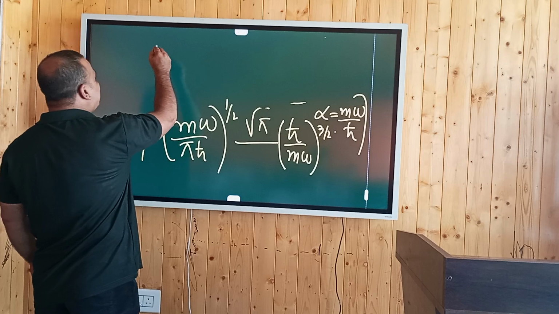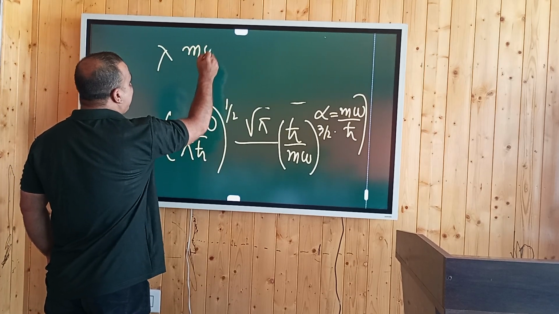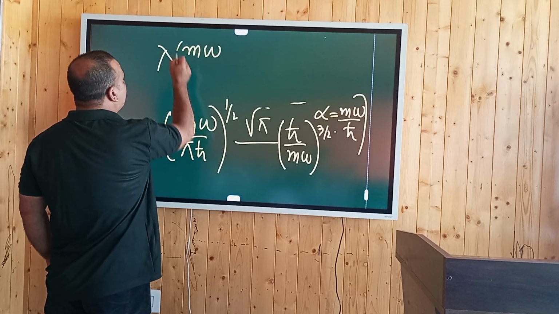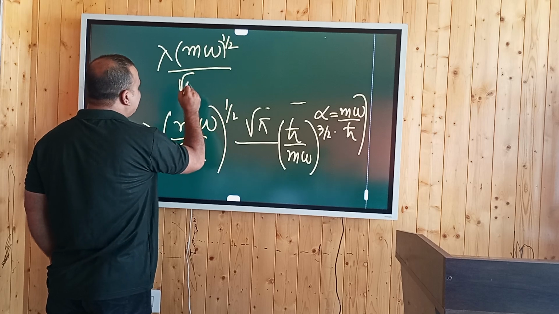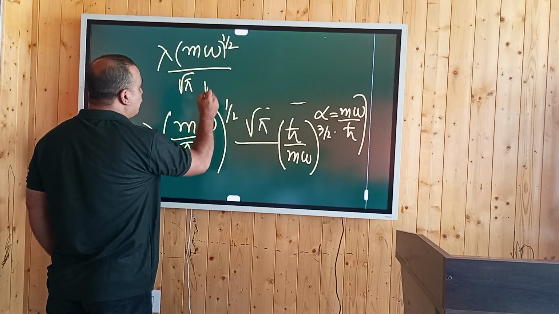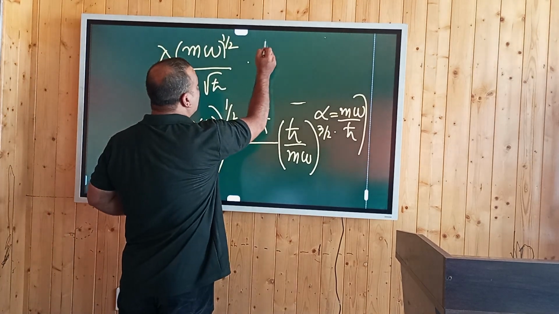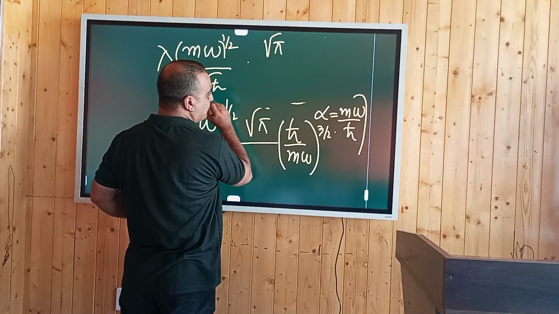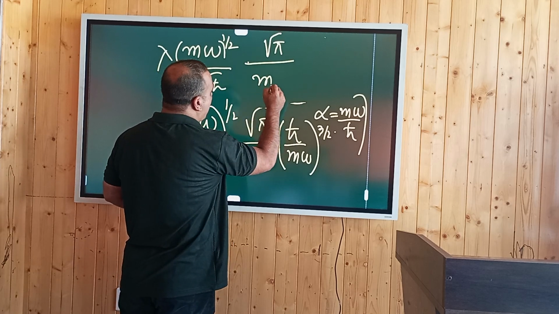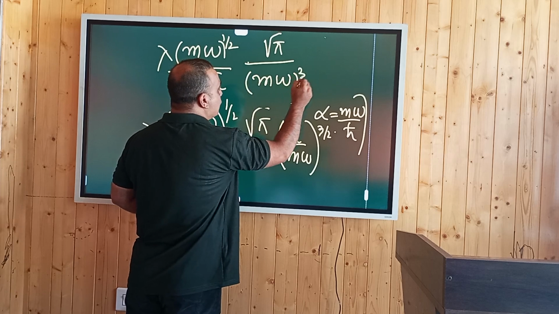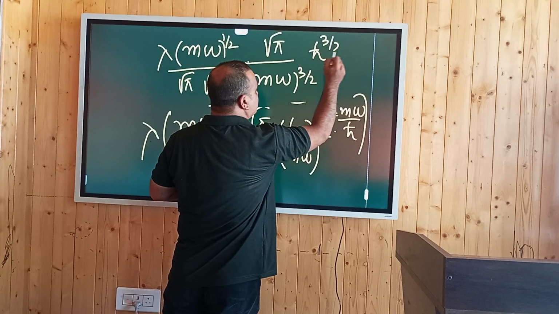So you have lambda, then m omega raised to the power 1 by 2, under root of pi in the denominator, under root of h cross in the denominator, then here you have your own under root of pi, divided by m omega raised to the power 3 by 2, and h cross raised to 3 by 2.